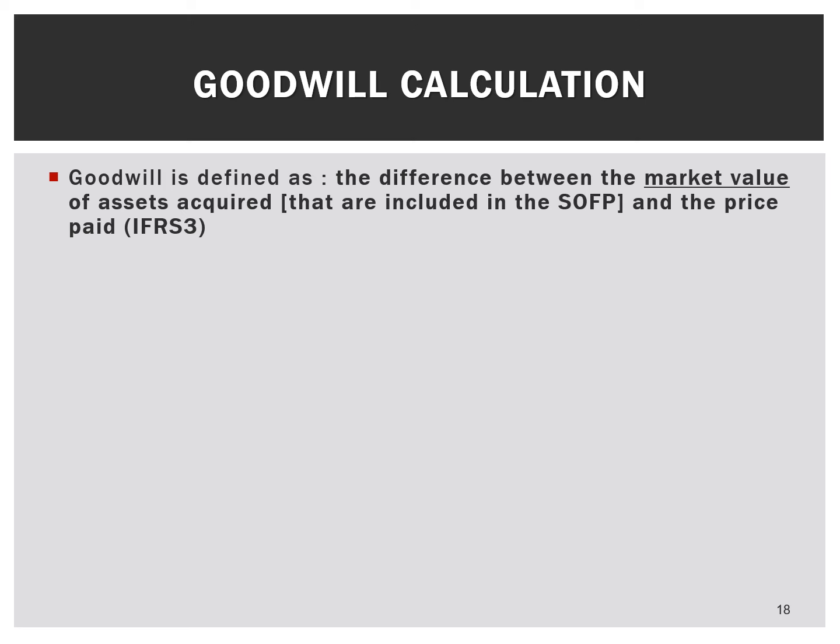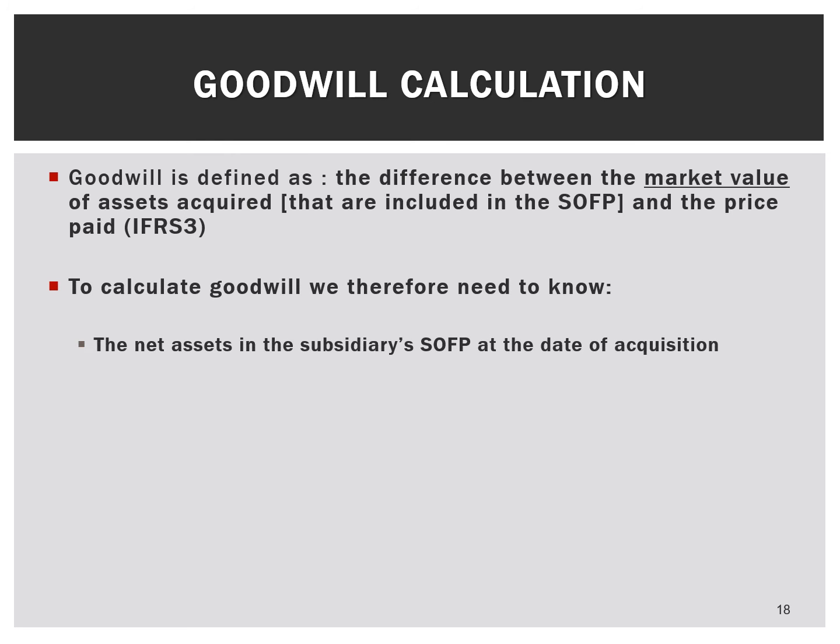Now to calculate the goodwill we need to know a number of things. Firstly, we need to know the market value of the net assets of the subsidiary at the date we acquired the shares, and remember the net assets minus liabilities is equal to the total equity.